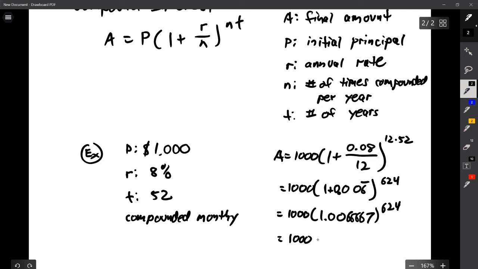So that gives me 1,000 times 63.194, and that gives me 63,194.38, which is not what I was thinking before, like 250,000.